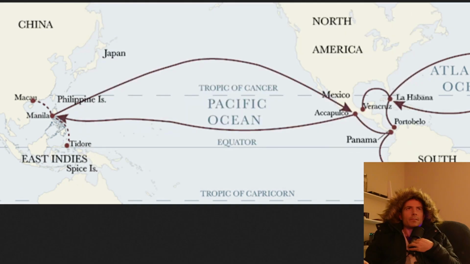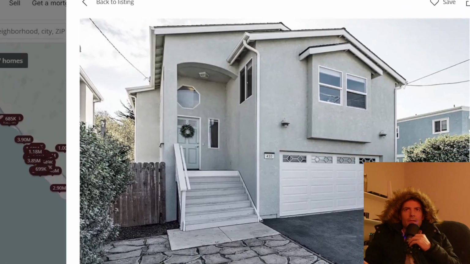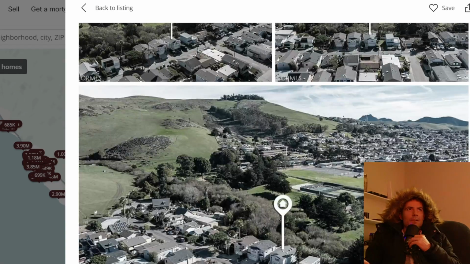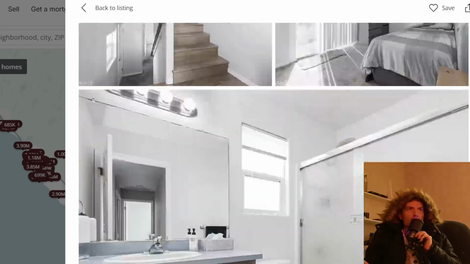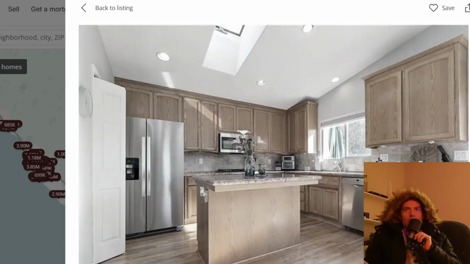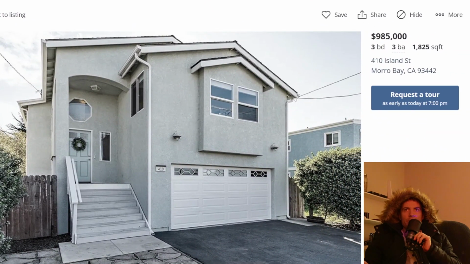Okay. But that would be the history, a lot of back history for this area, which you can go to today and get this house if you have $1 million.